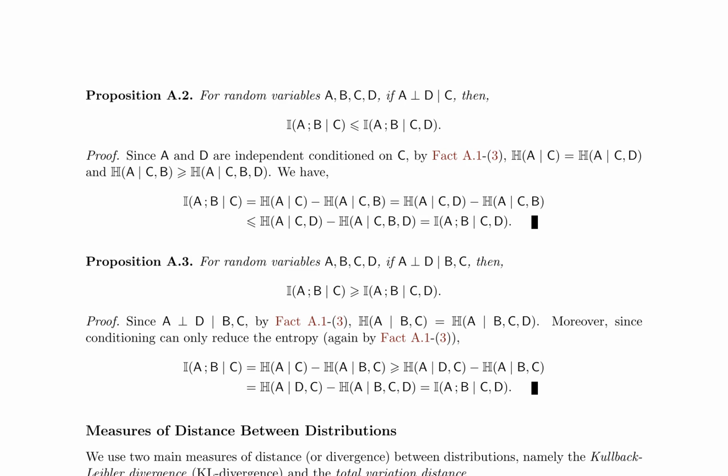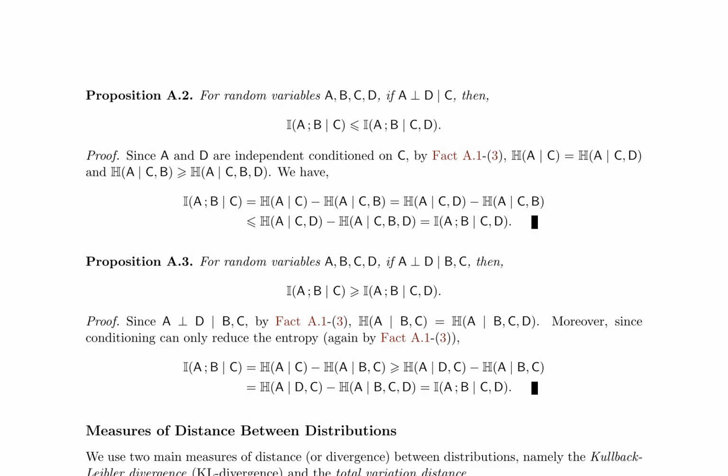Two propositions are also stated, which describe the effect of conditioning on mutual information. Proposition A.2 states that if A is independent of D given C, then conditioning on D does not increase the mutual information between A and B given C. Proposition A.3 states that if A is independent of D given B and C, then conditioning on D does not decrease the mutual information between A and B given C.